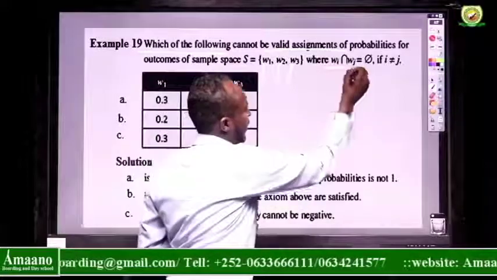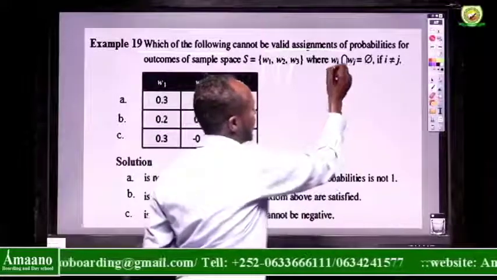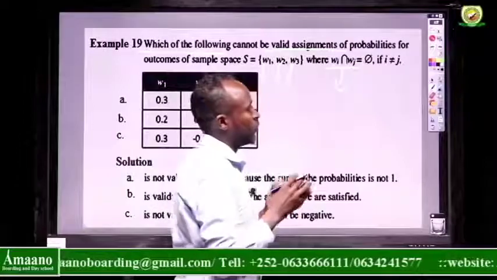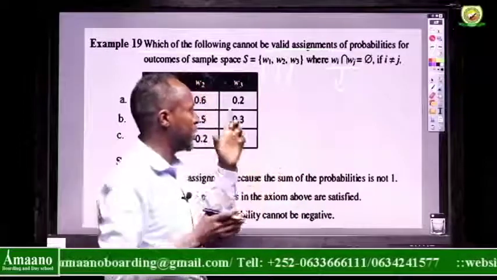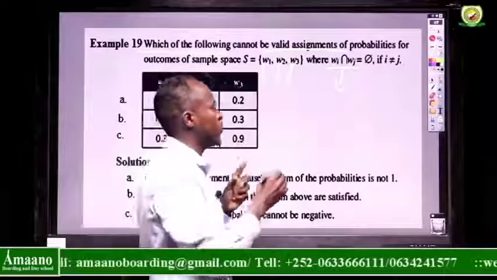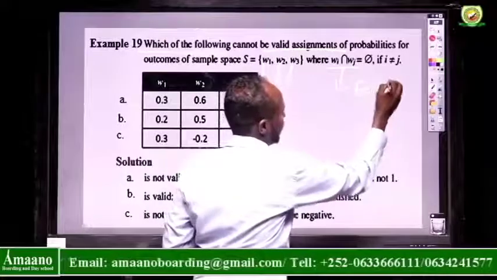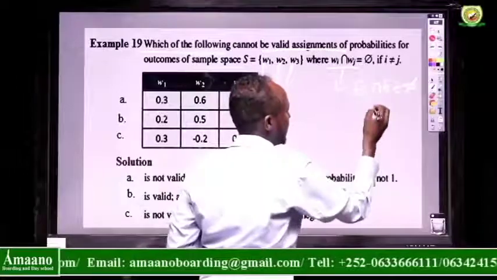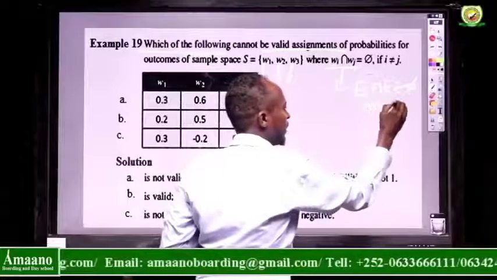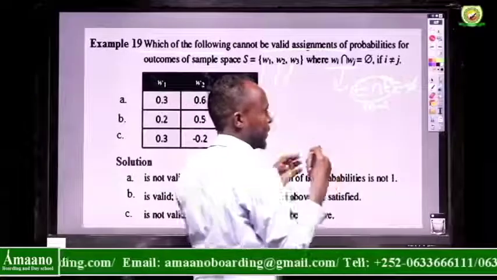But we are told that any 2 events are disjoint. There are no shared elements. They are mutually exclusive events. If we are told that E1 intersection E2 equals the null set, it means that they are mutually exclusive events. They cannot occur at the same time.